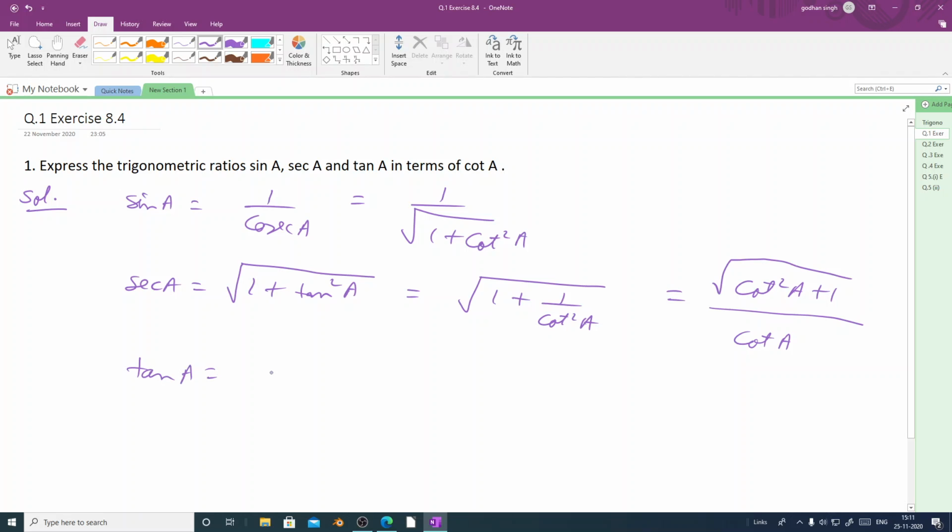Tan A is equal to 1 by cot A. So this is the answer of question number 1.